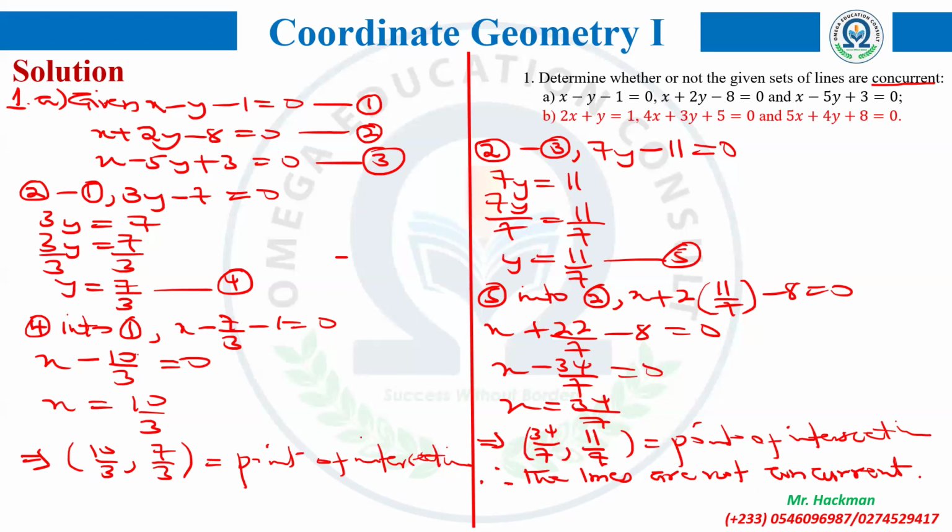Okay, so here you are looking at the point of intersection. For the other one, you were looking at the point of intersection of a circle and a line. However, if I'm looking at the point of intersection of 2 lines, there is no way 2 straight lines can intersect at more than a point, true or false? True.